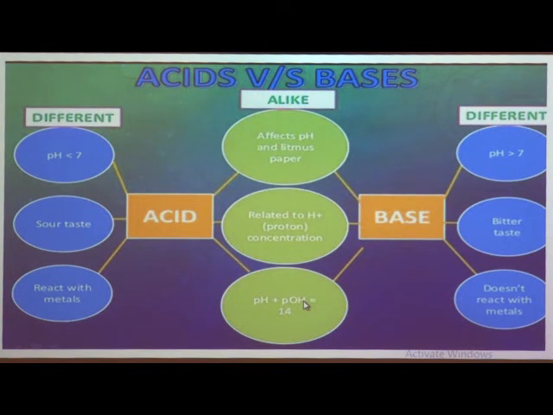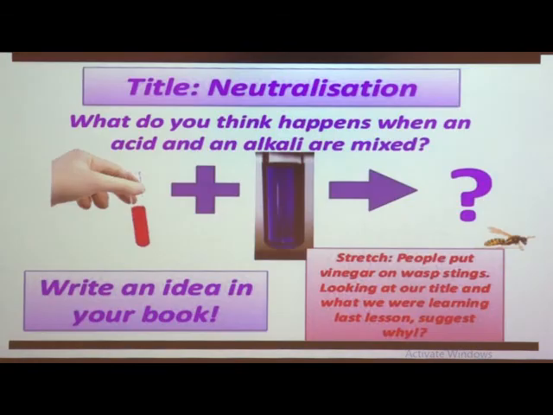Today we are going to learn about these neutral substances in lesson number 5, acids, bases and salts. Neutralization is the process in which a substance becomes neutral. Either an acid or a base, we change it into a neutral substance. That process is called neutralization.